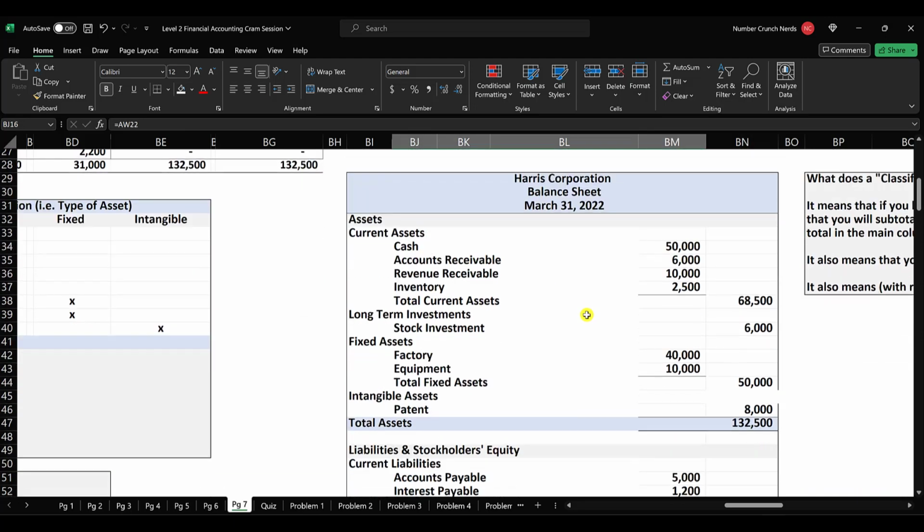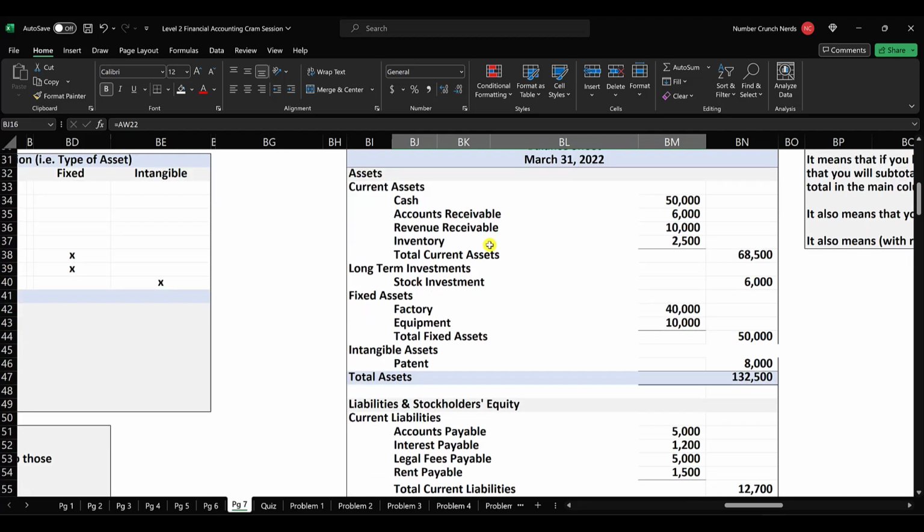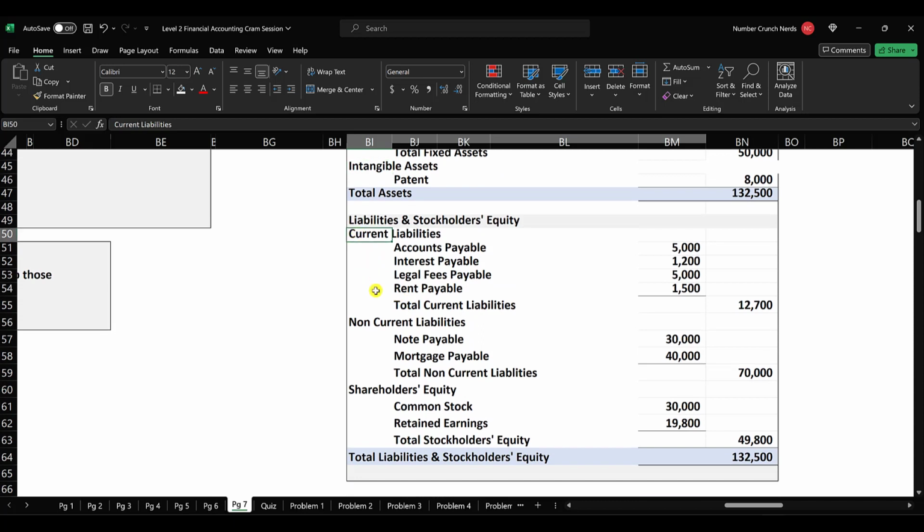Same thing in the balance sheet. Assets are certainly classified between current and non-current, and they're often categorized between current, long-term, fixed, intangible, and so forth. Liabilities tend to be broken out just between current and non-current.